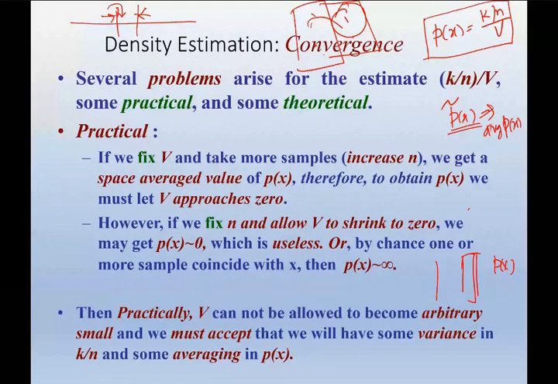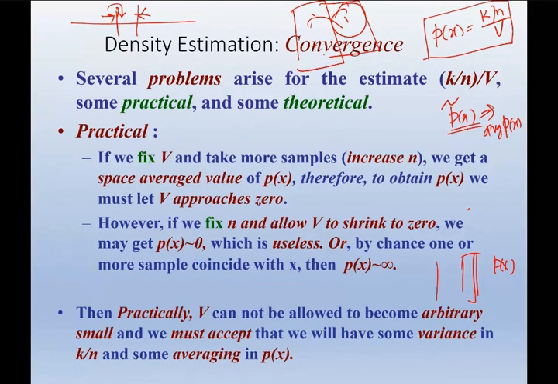If nobody falls into that, k becomes 0, so it will be 0 by n by v, so everything is 0. That is also not desired. So the window size is very critical, and this is the key point one should note while using these density estimation methods.